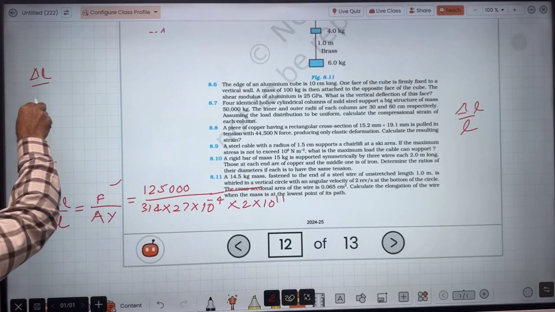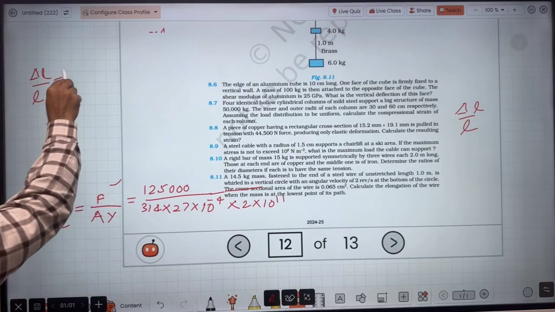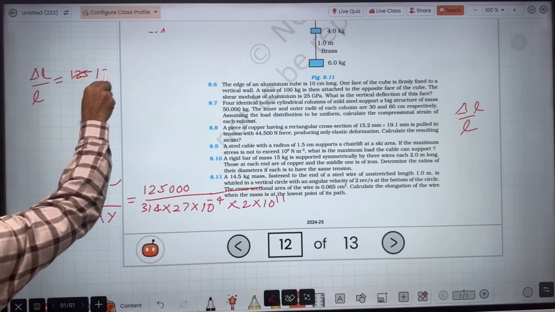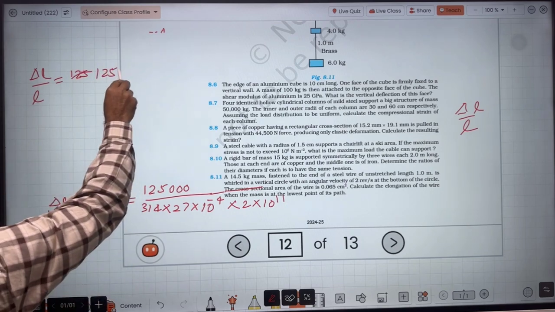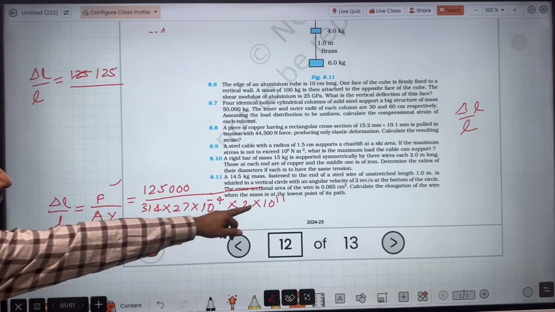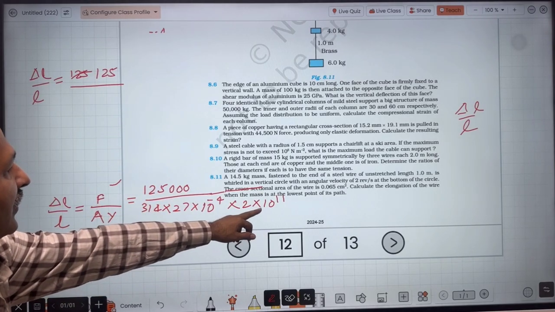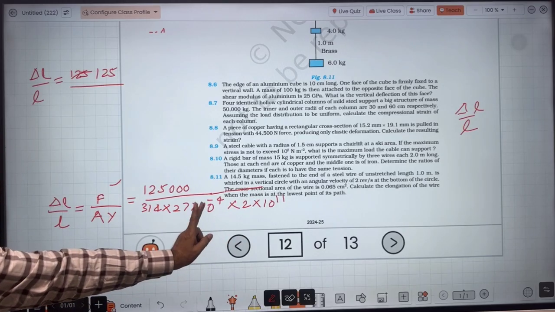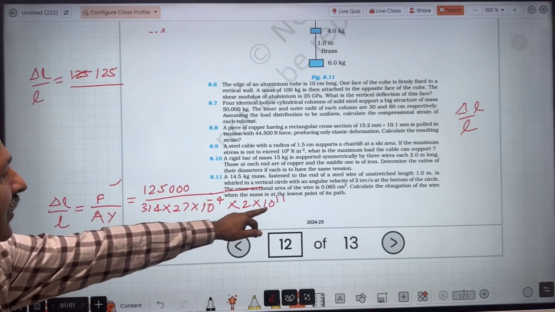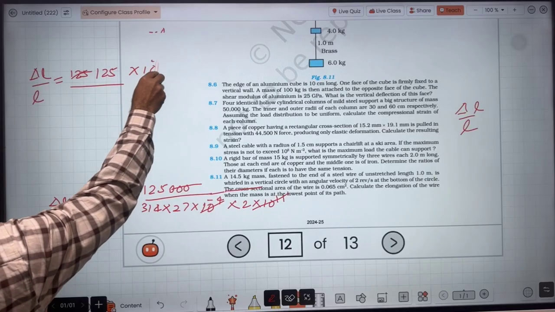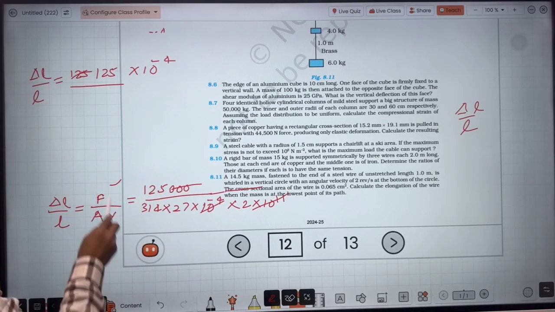So delta L upon L will become 125 divided by, I will take the 3 zeros to cancel to make it 10 power 8. That will be easier. With this it will cancel out, so 10 power 4 will be left, so 10 power minus 4. So this gets cancelled, this gets cancelled, into 10 to the power minus 4.